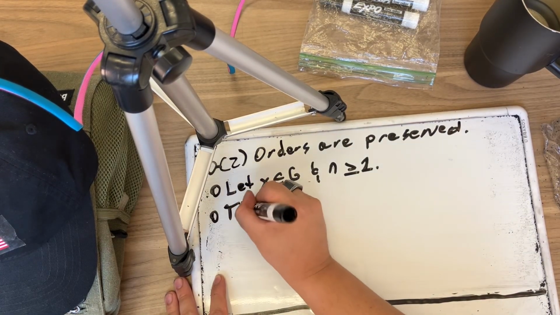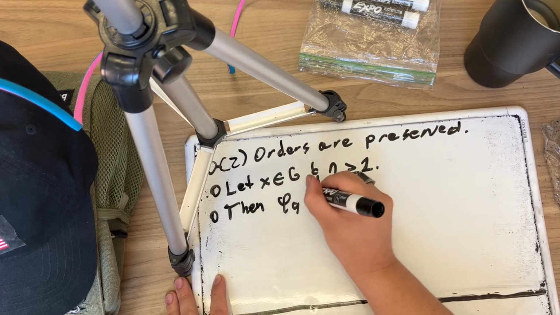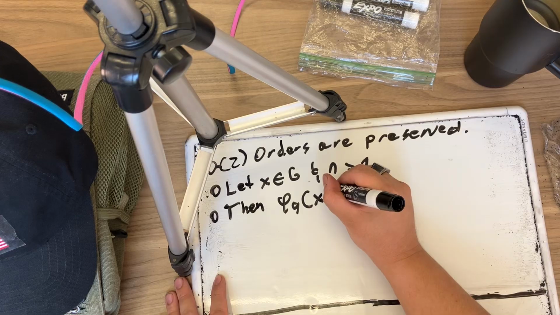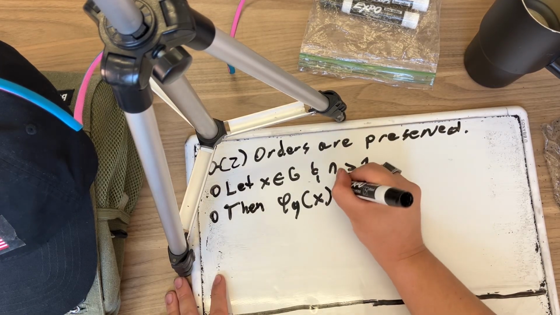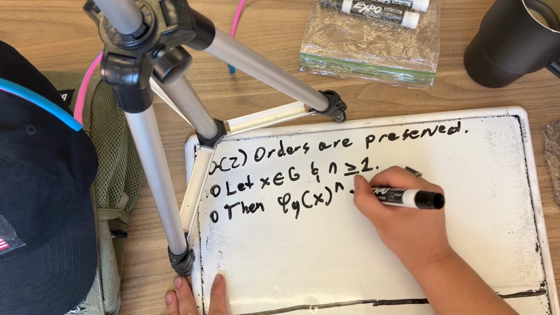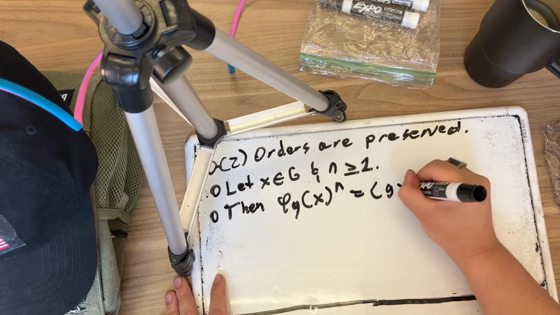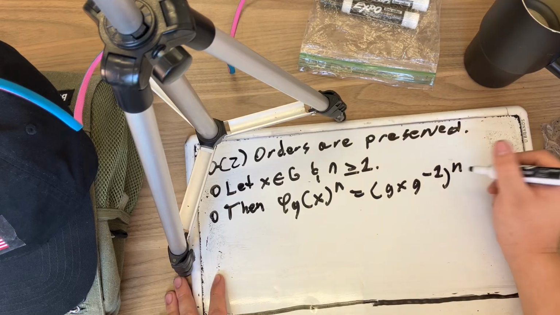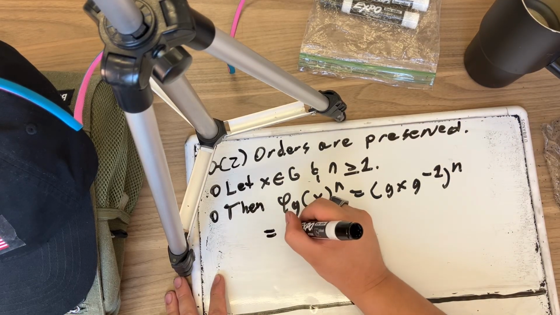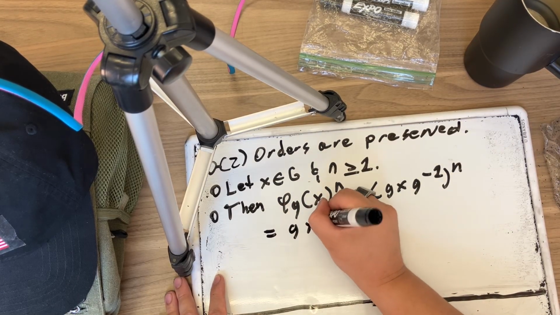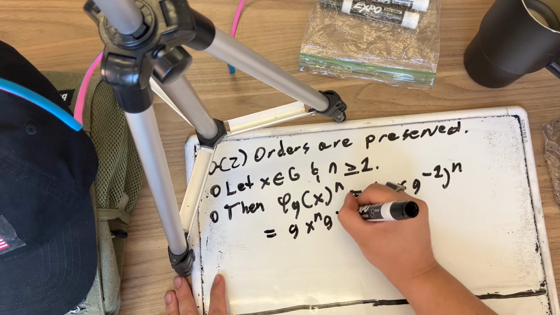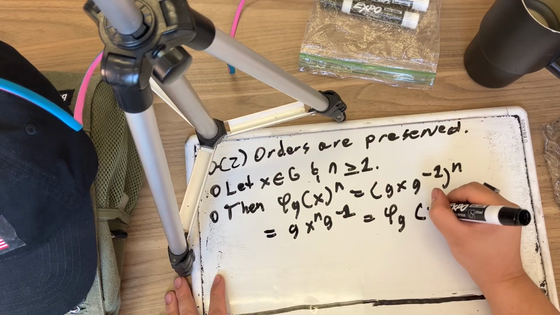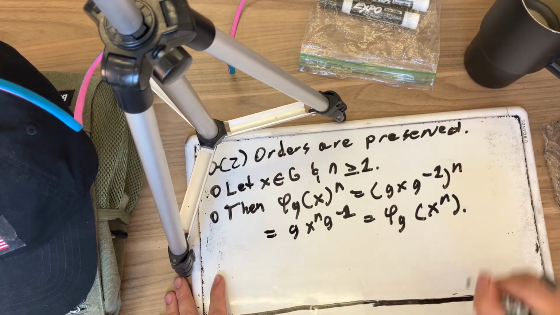Well, then phi sub g of x, taken to the power n, is equal to open parentheses g x g to the negative 1, close parentheses to the n, and that is equal to g x to the n g to the negative 1, which is equal to phi sub g of x to the n.